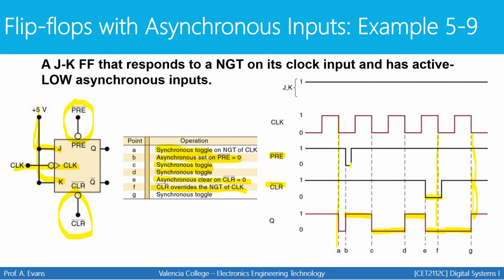As long as preset is low, nothing else can change the output. These inputs here have to be high before the clock can do its job. That's how asynchronous override inputs work. Just remember that if clear or pre go low, the output is forced to be high or low, and it will stay that way until these inputs go back high.